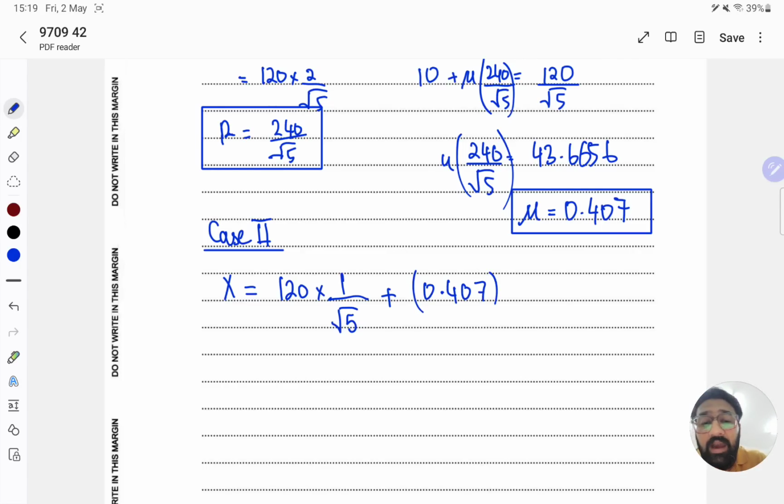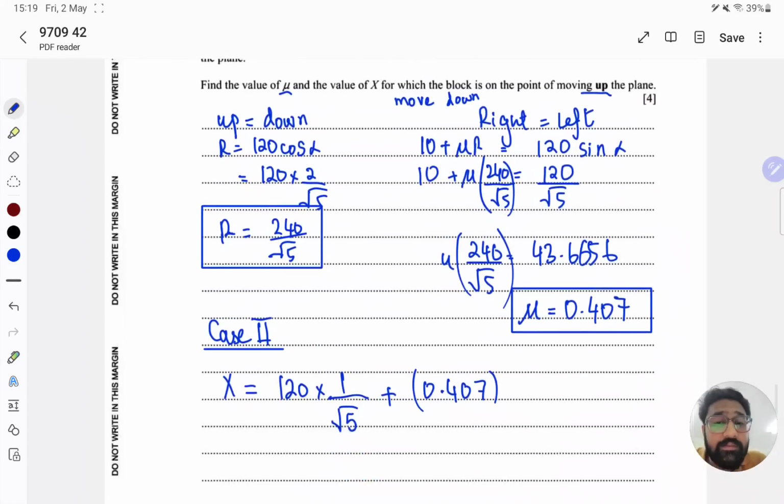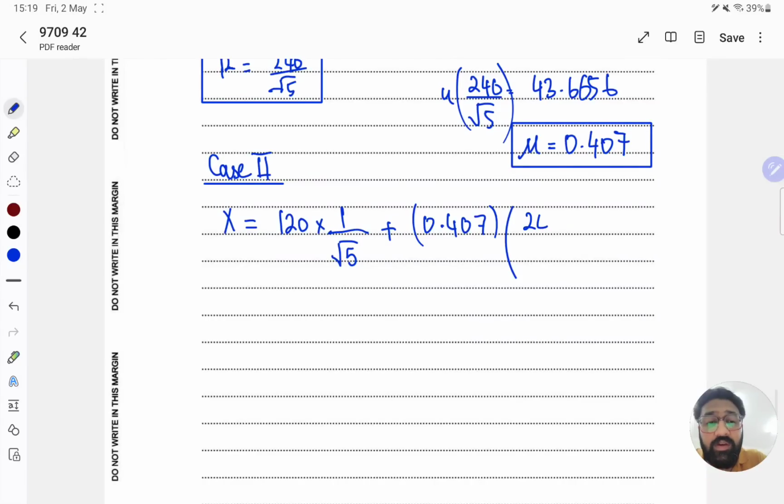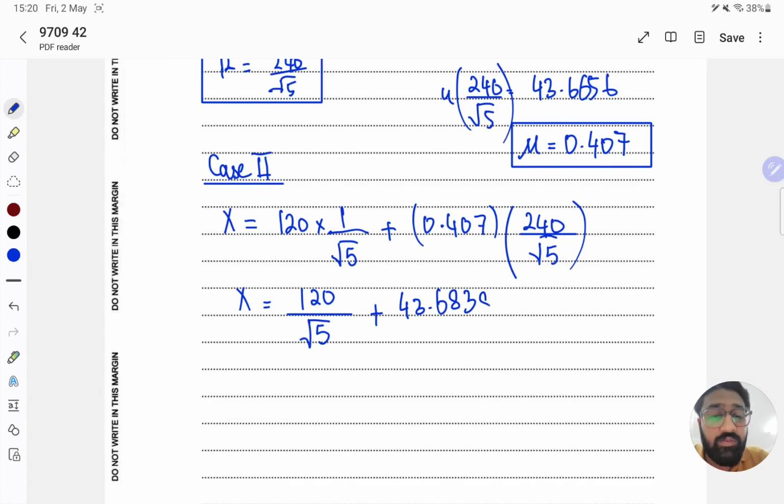0.407. The value of r is 240 over square root of 5. So if I simplify, it will be 120 over square root of 5. So 240 into 0.407 divided by square root of 5, if I add, this is basically 43.6838.